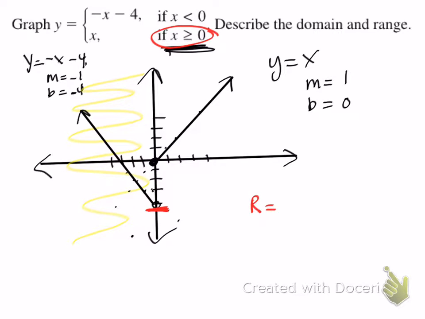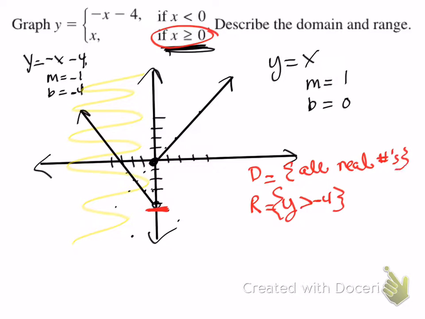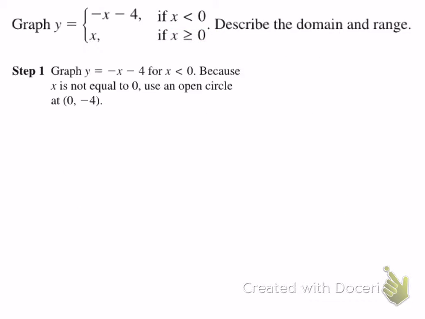So for my range, I'm going to say y is greater than, not equal to, -4. For my domain, we know that it goes on and on forever to the right and left, so we're going to say all real numbers. Okay? All right, so that's the second type of example.